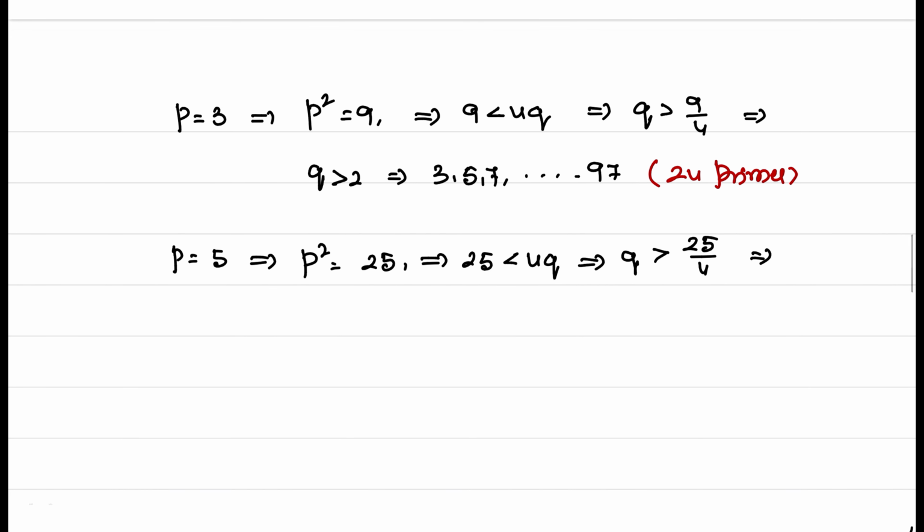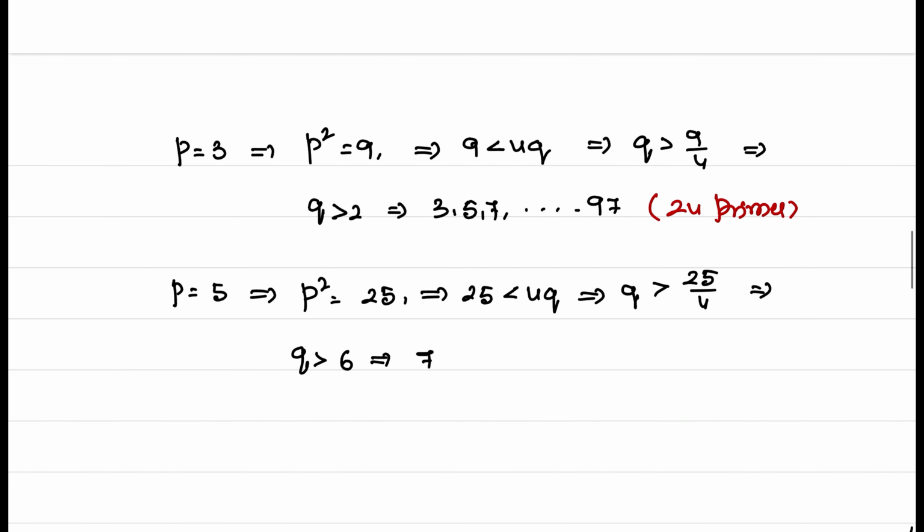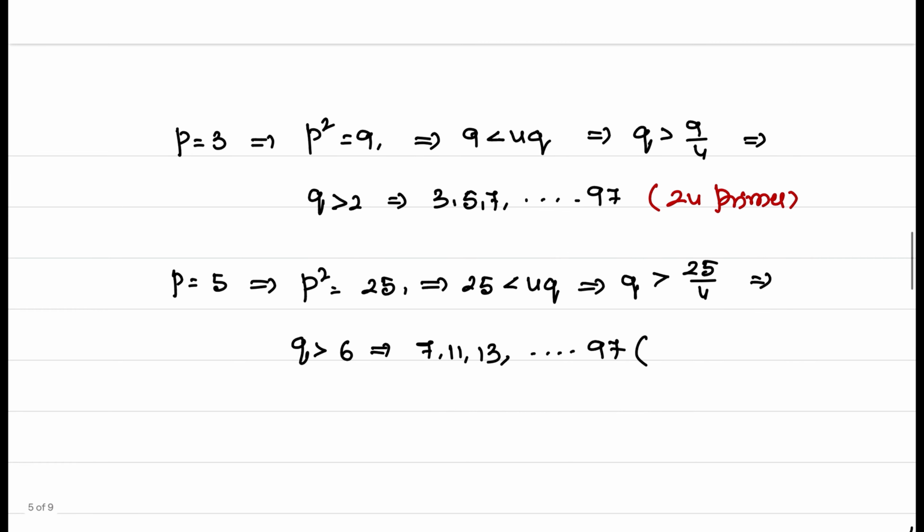Q greater than 6 to be prime is 7, 11, 13 up to 97. How many primes will be there? From original 25, we have taken out 2, 3, 5. That means 22 primes. 25 minus 3 is 22 primes.